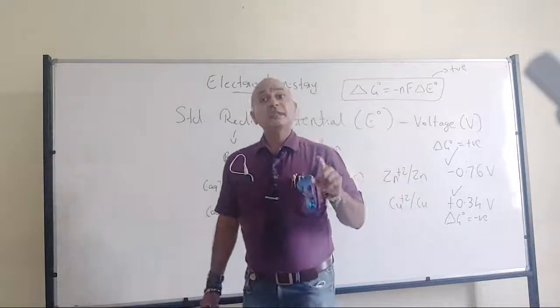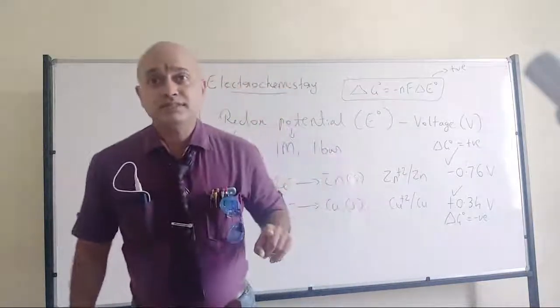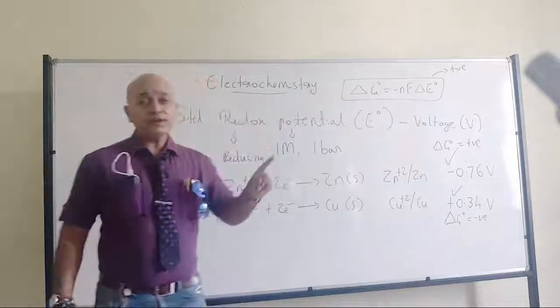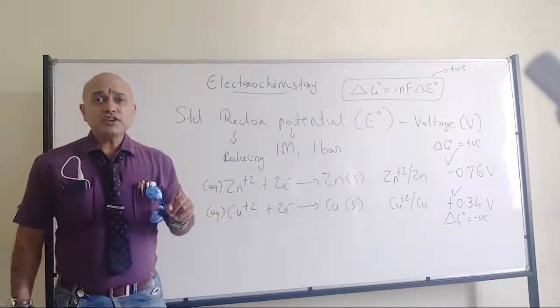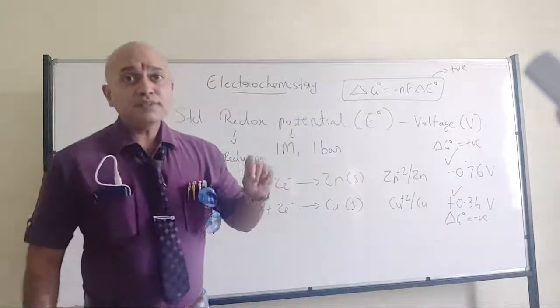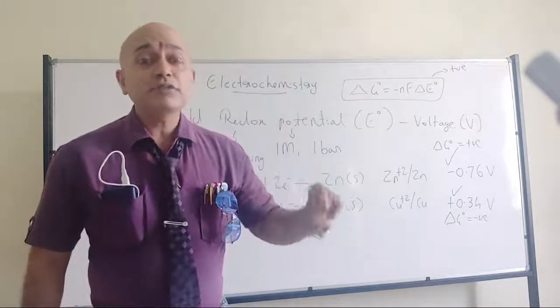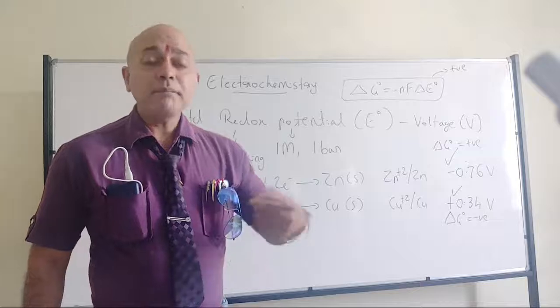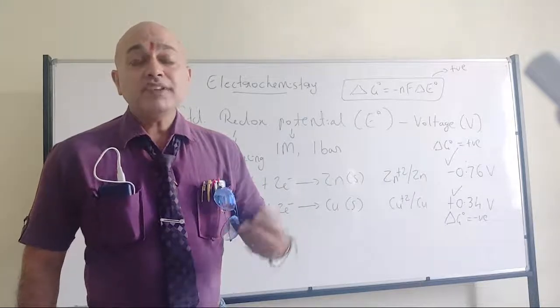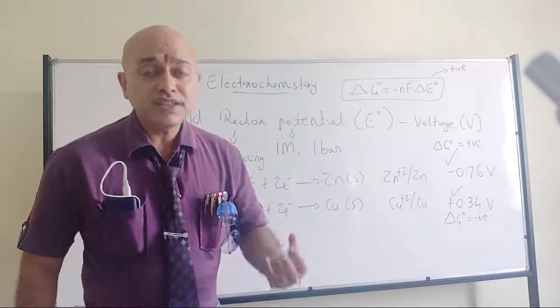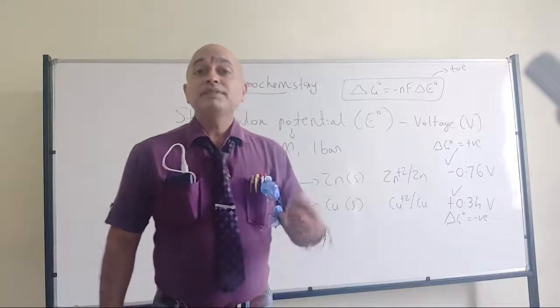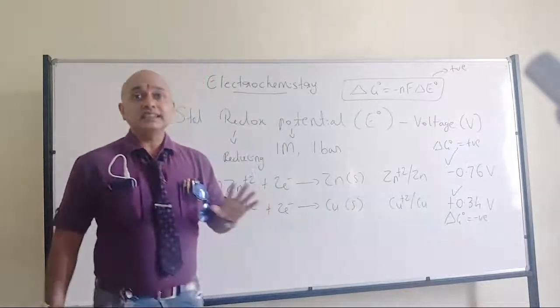That indicates the process is spontaneous. If you go back to thermodynamics, if the delta G naught, the Gibbs free energy value, is negative, that means the process is spontaneous and will happen automatically. But if delta G naught is positive, the process will not take place easily.